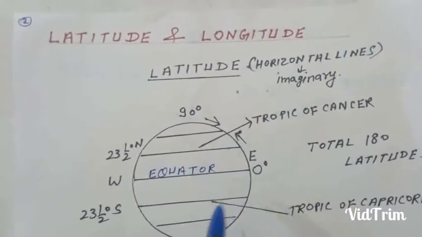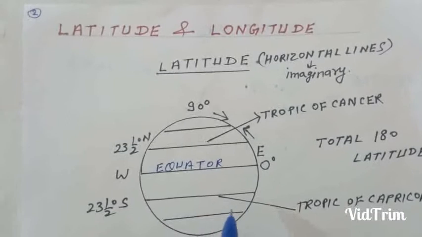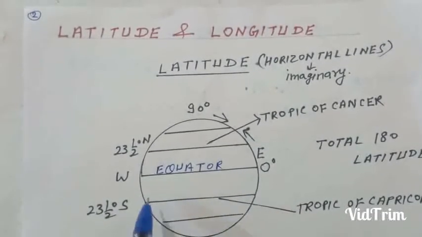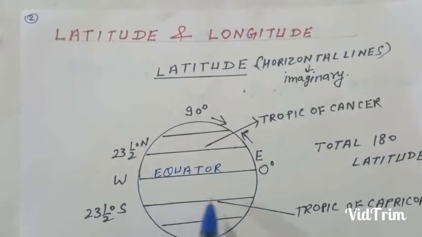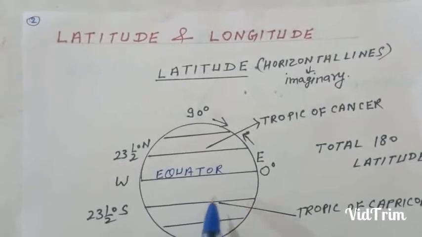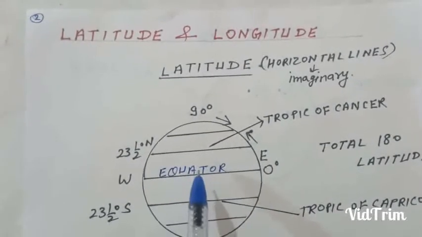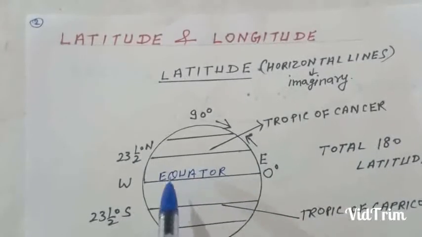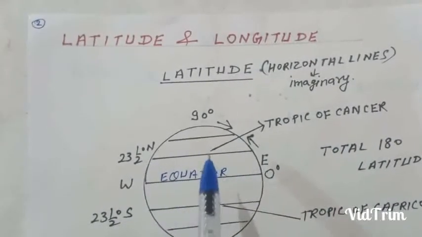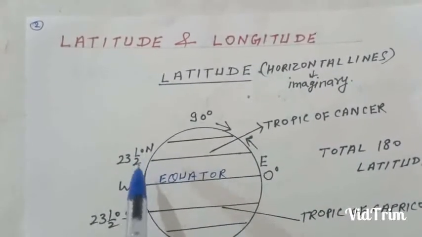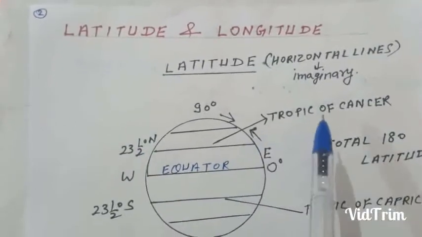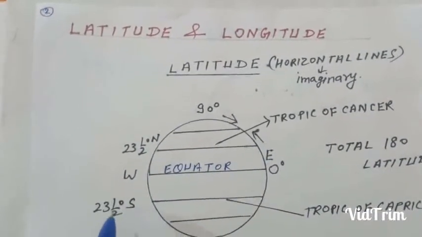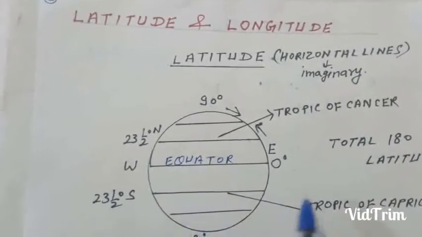You can see this circle. On this circle, you are seeing this type of line running from east to west or west to east. These are known as latitudes, and the equator is the biggest latitude. Student, you can see at 23.5° north, this is the Tropic of Cancer, and this is 23.5° south, this is the Tropic of Capricorn.